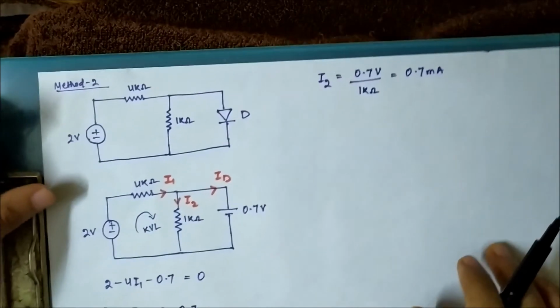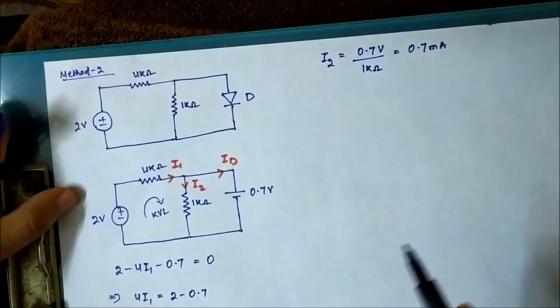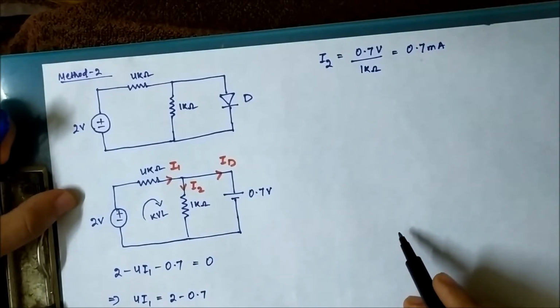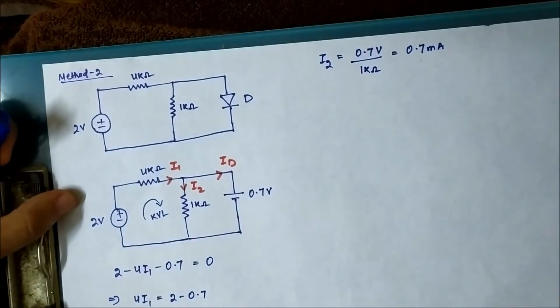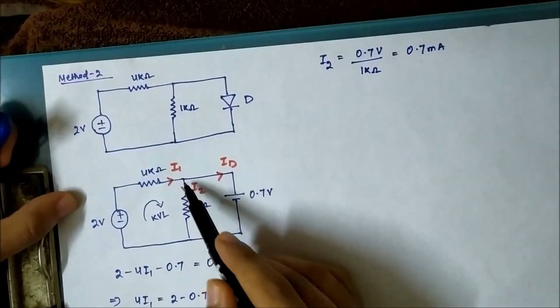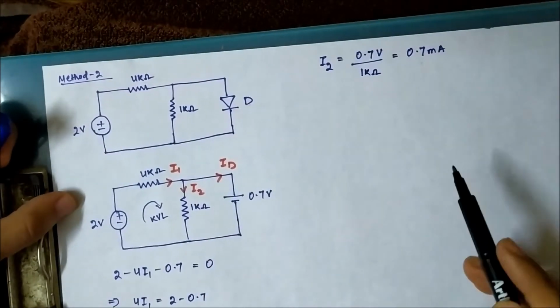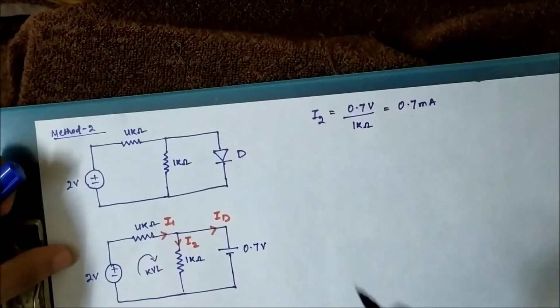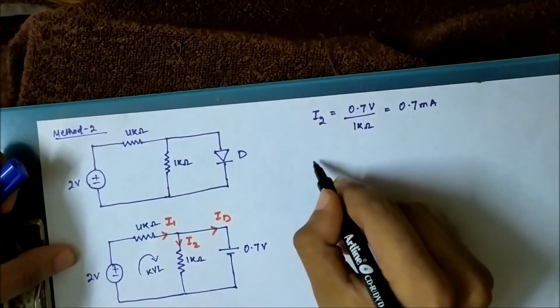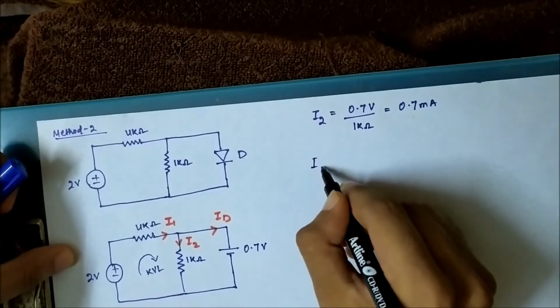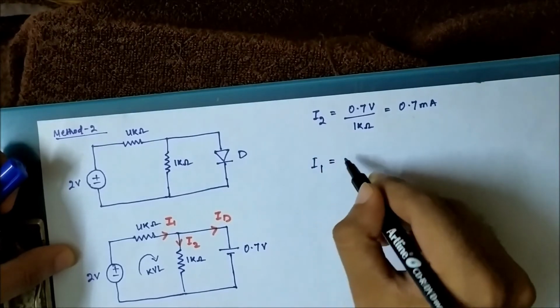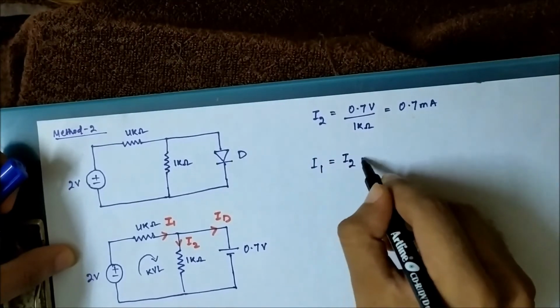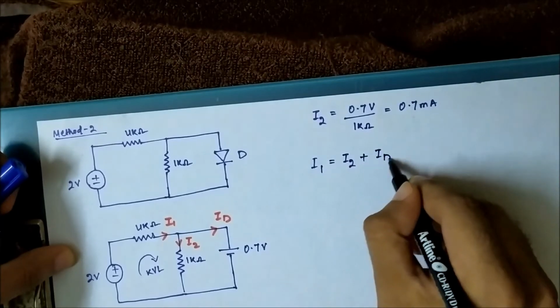Now we have to apply KCL here. What KCL says is that the total summation of the currents at any node is 0, or the current entering the node and the current exiting from the node will be the same. So let us write the KCL equation. Here the current entering the node is I1 and the two currents exiting from the node are I2 plus ID.